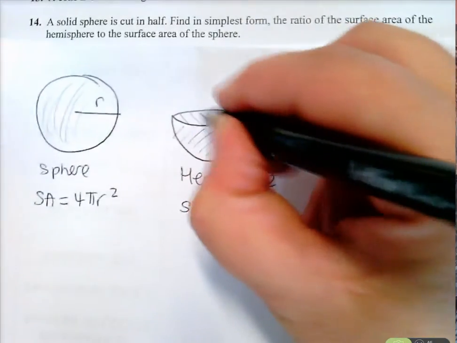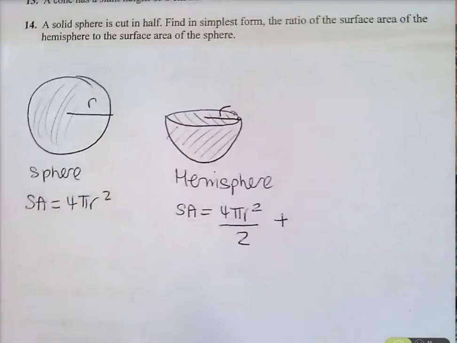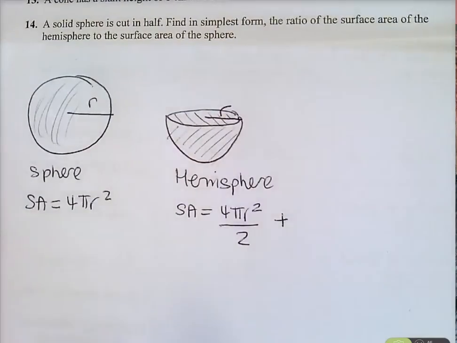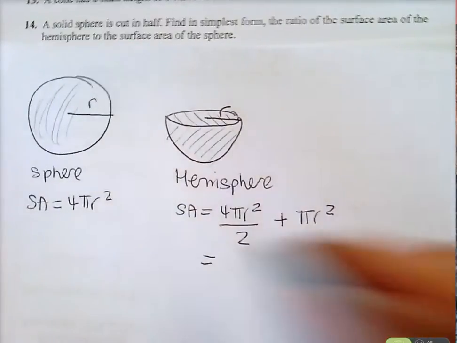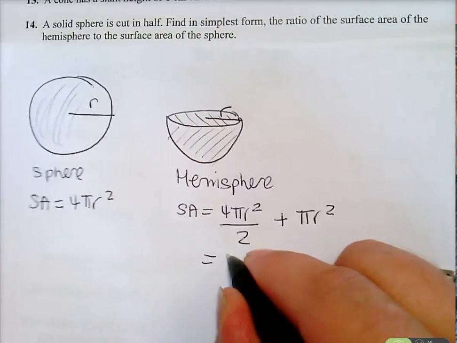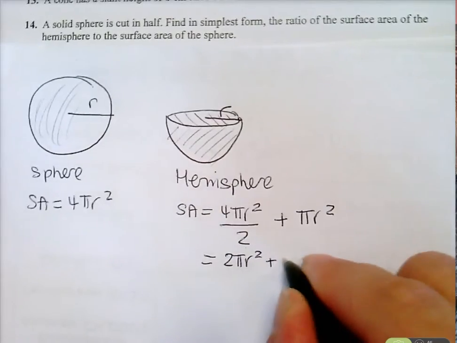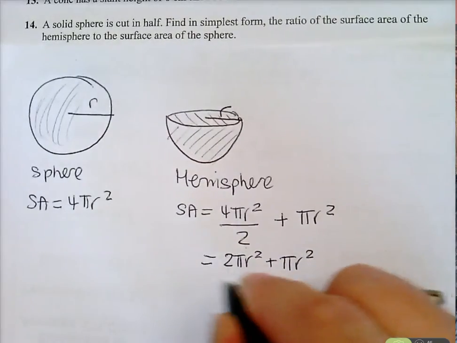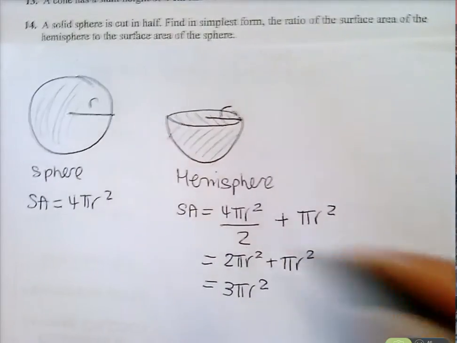I've got two surfaces: the curved bit down the bottom, half of the sphere, and the circle on top, plus pi r squared. So therefore, what's 4 pi r squared divided by 2? 2 pi r squared. 4 over 2 is 2. So it's 2 pi r squared plus pi r squared, which is 3 pi r squared.